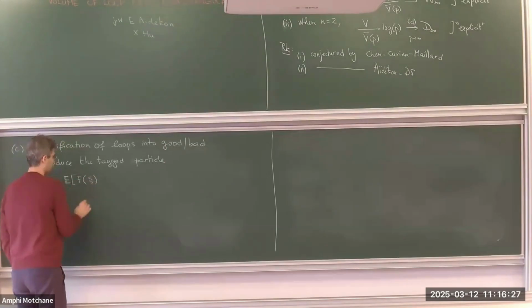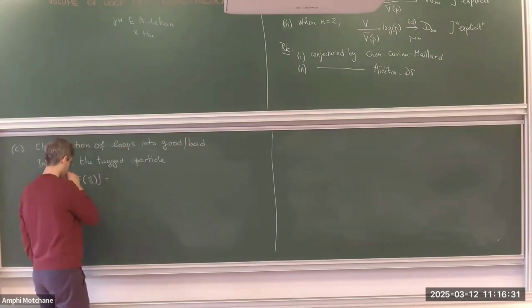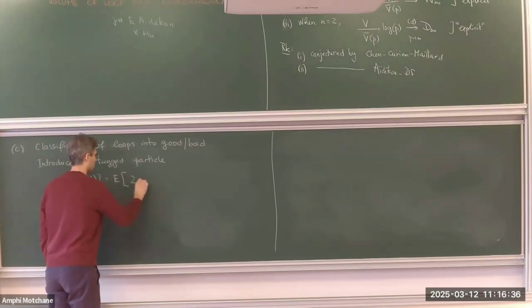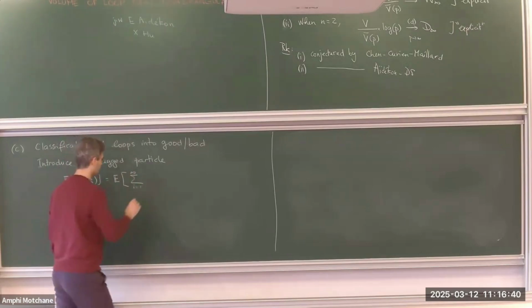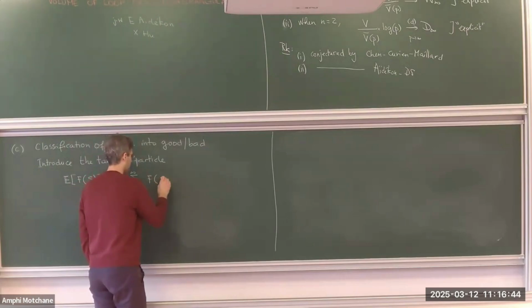At each step, the distribution is given by a sum over all the loops at the first generation.